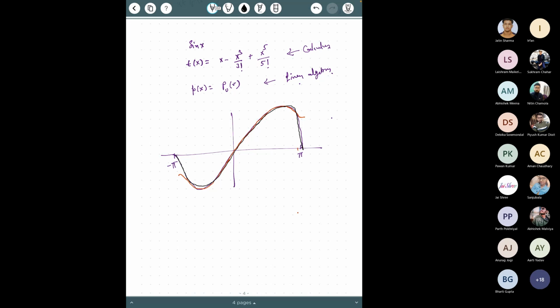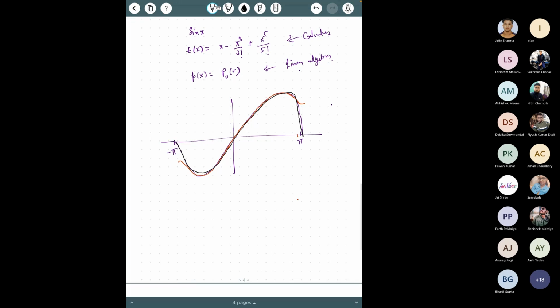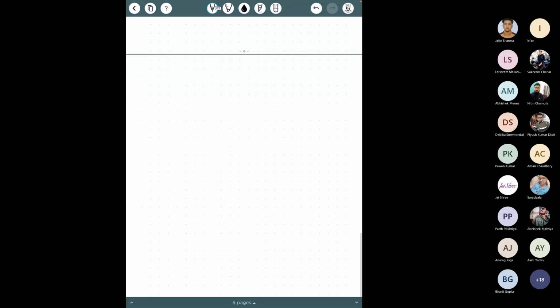So let me write this first. We can start from here. The next topic is called linear functionals and adjoint. Functionals I'm saying because the adjoint would be defined by using a functional.